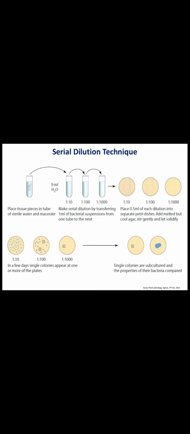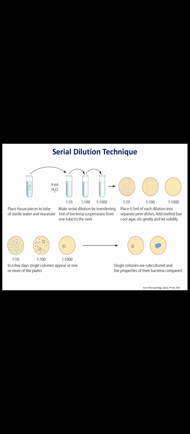And the last point is serial dilution. In serial dilution, we take water in a test tube, place a piece of tissue with bacterial culture in the test tube of sterile water, and macerate it.